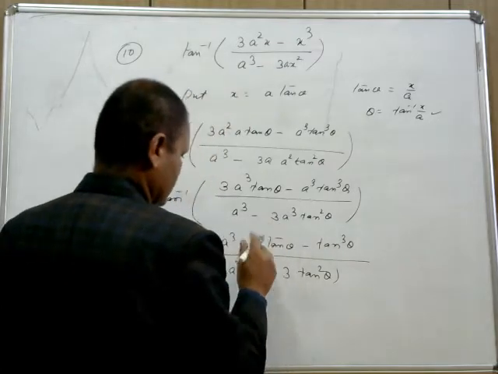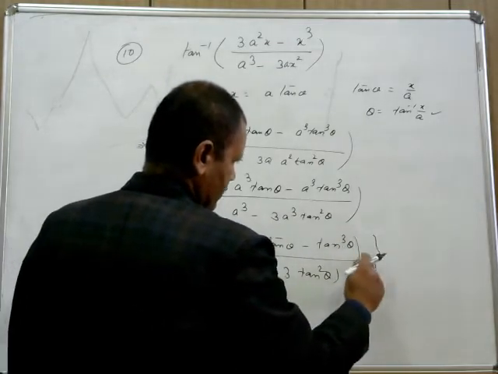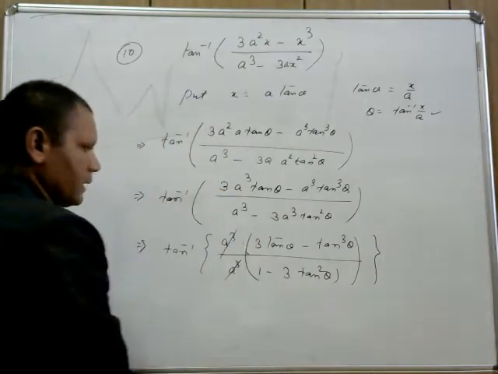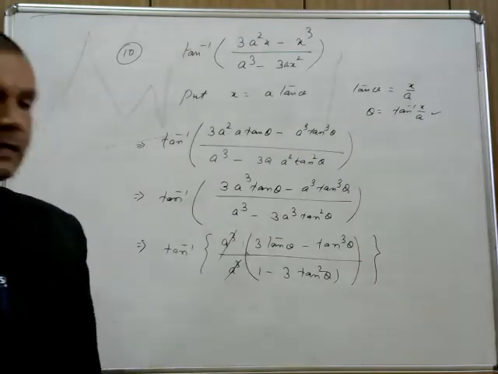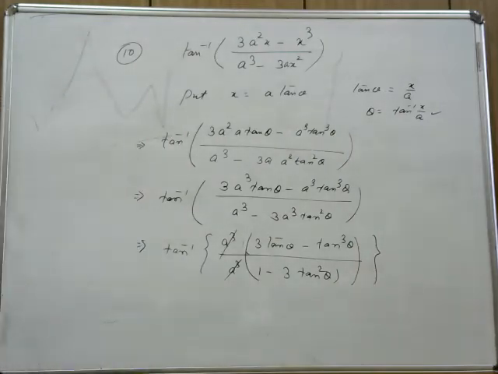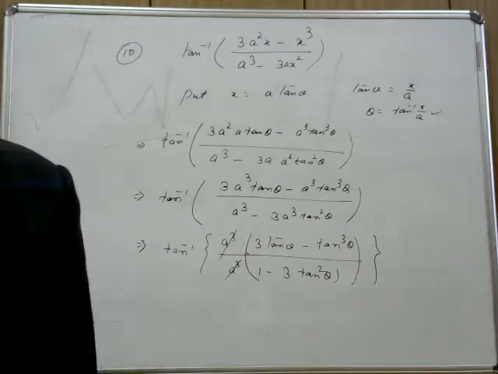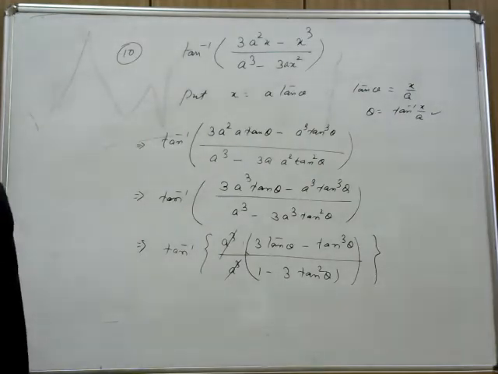Now write like this: a cube and a cube are cancelled. Now tan inverse of (3 tan theta minus tan cube theta) whole divided by (1 minus 3 tan square theta).